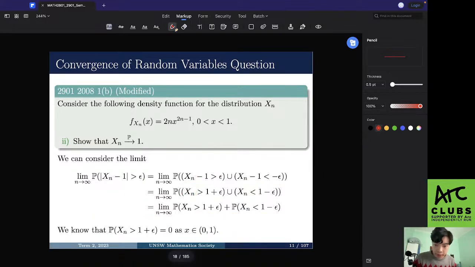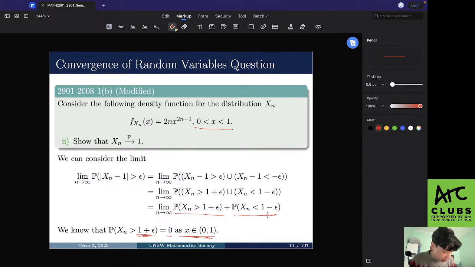So the first thing we need to notice is we have the probability that xn is greater than 1 plus epsilon. We know that this isn't true because x has to range between 0 and 1, and so since this value is greater than 1, it's outside of this x range, which means the probability that this happens is 0.